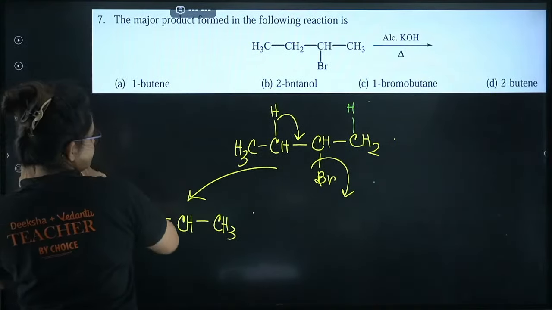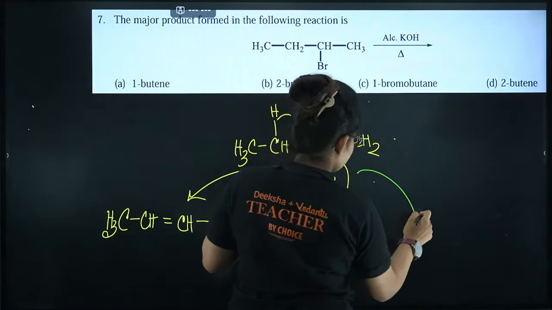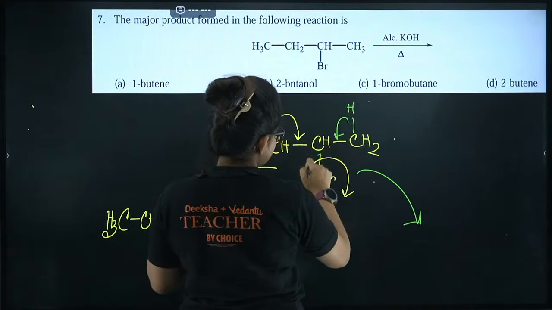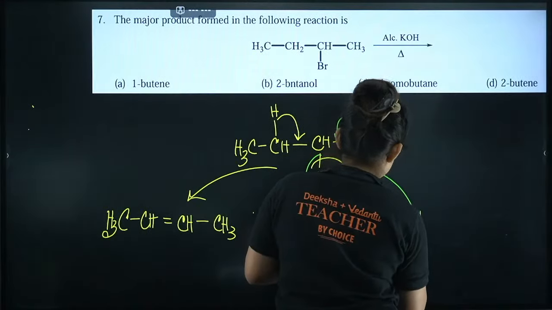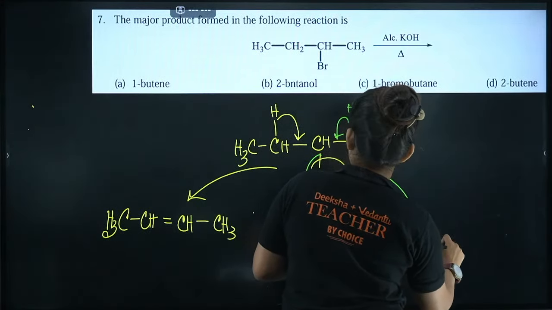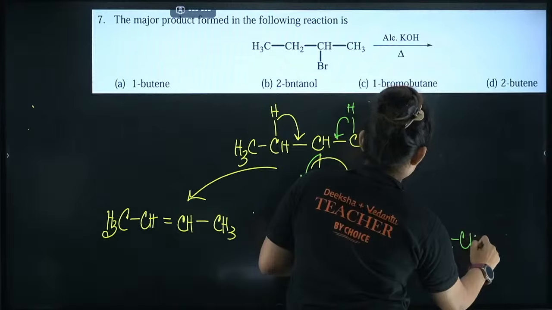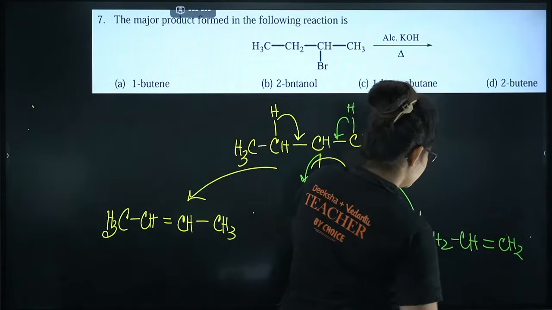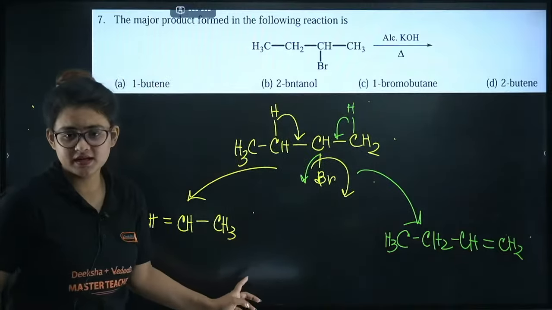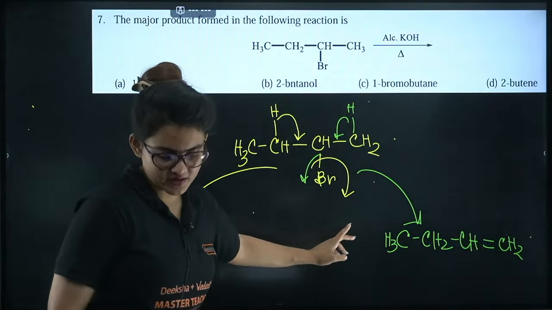Another way it can be done like this. If this hydrogen jumps here and this bromine goes off, the double bond can come here. CH3, CH2, CH double bond, CH2, like this. Okay, so you can get two things out of it.